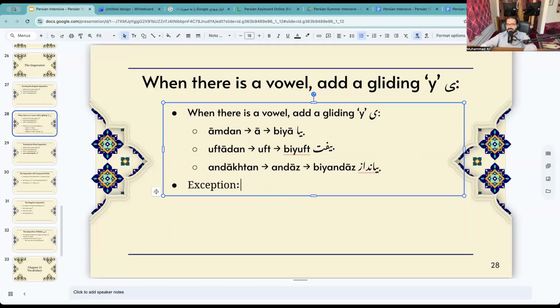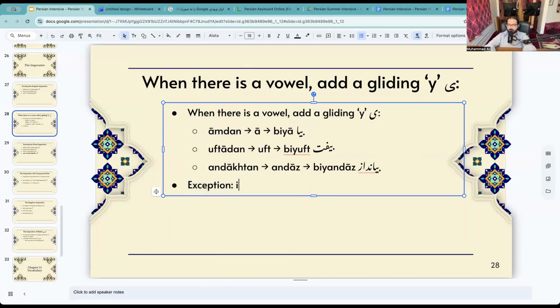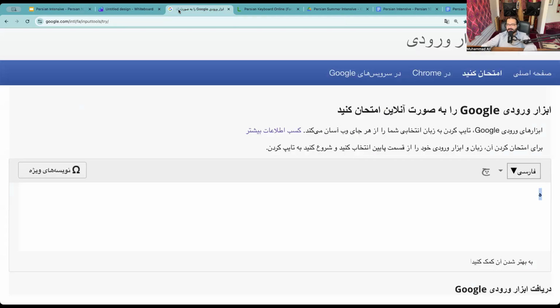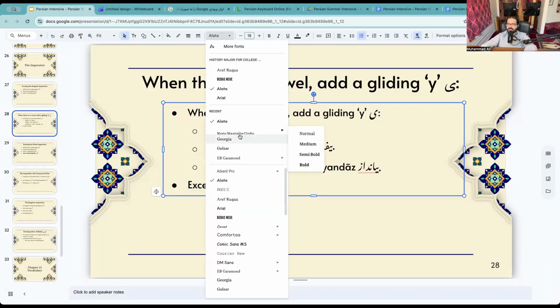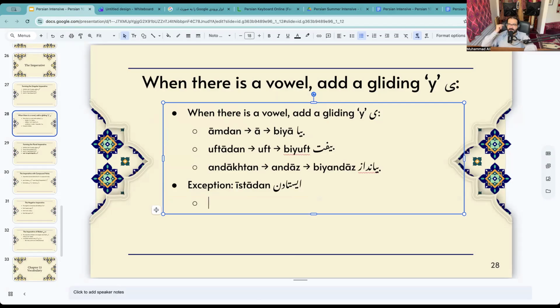Exception is istadan. I don't know why there's an exception here. God knows. I cannot for the life of me think why it's like this. And it just came up in my mind. I was just running through examples in my mind, and I came across this.